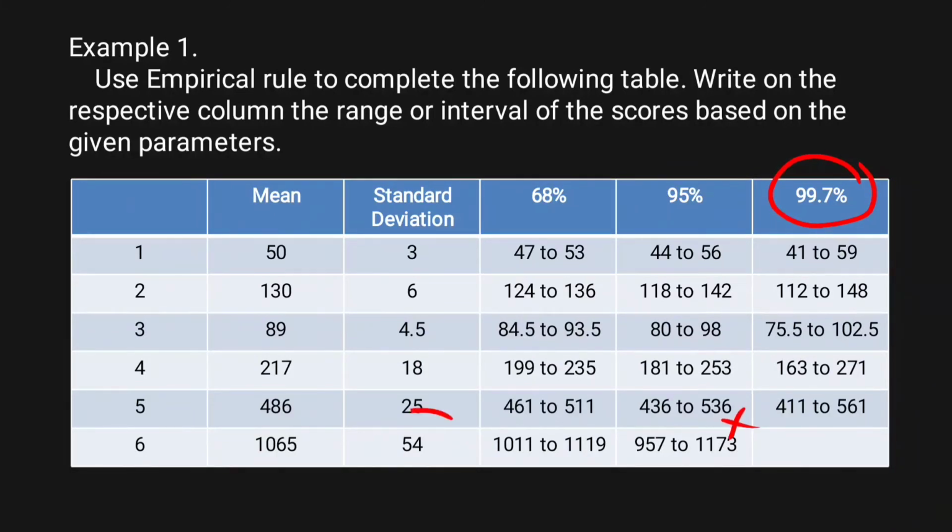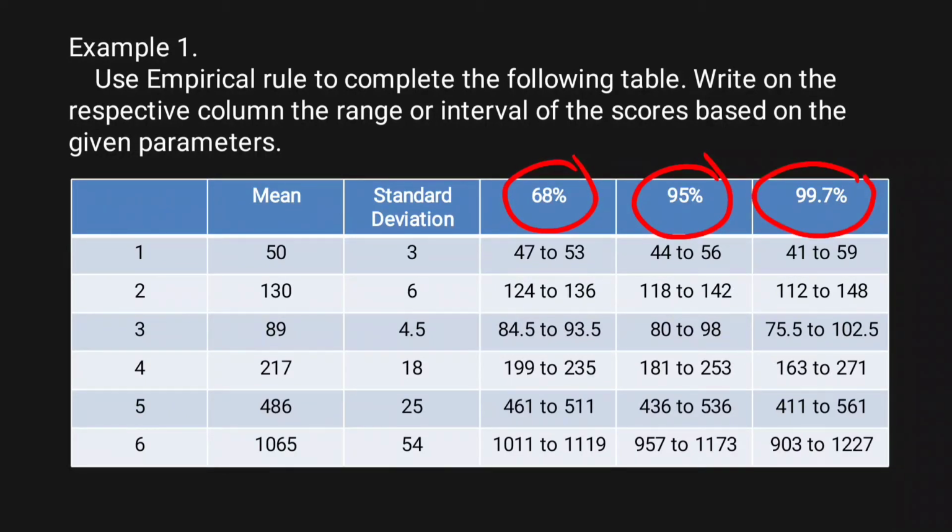Add ng 54 dito, subtract ng 54 sa 957, so therefore the 99.7% of the distribution lies within 903 to 1227. Okay? So, ganun lang ang paggamit ng empirical rule. So, 68% lies within 1 standard deviation, 95% 2 standard deviations, 99.7% 3 standard deviations from the mean.